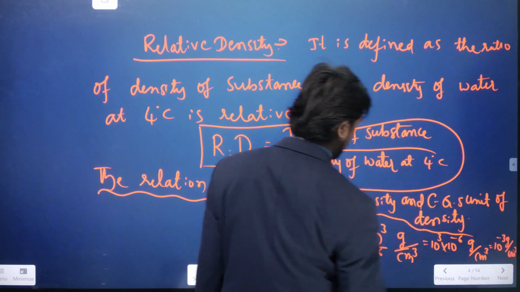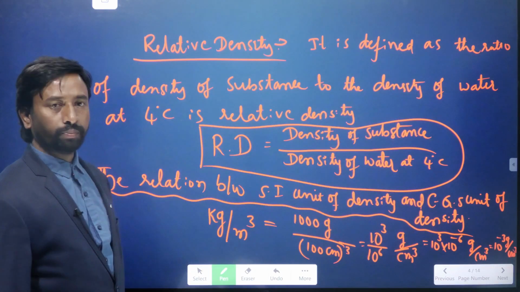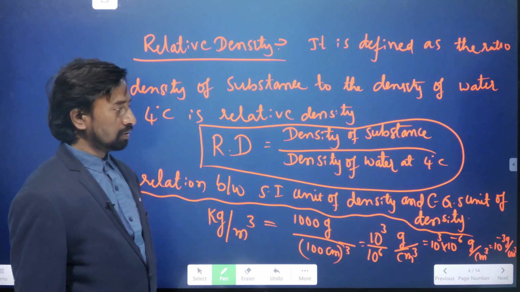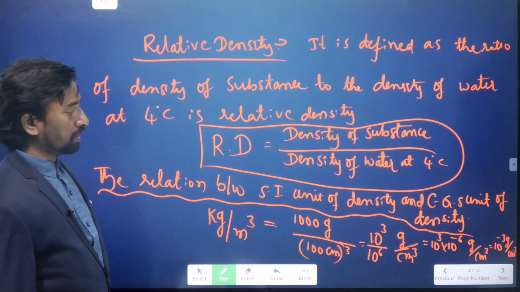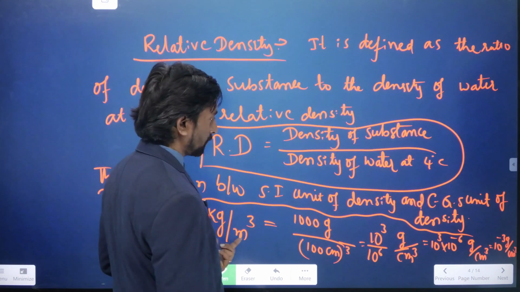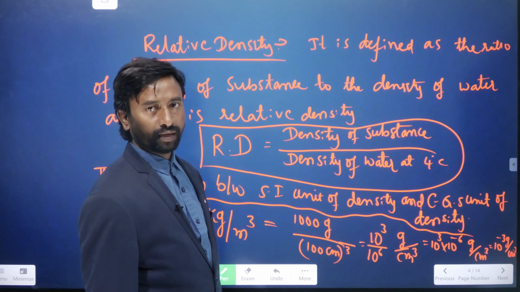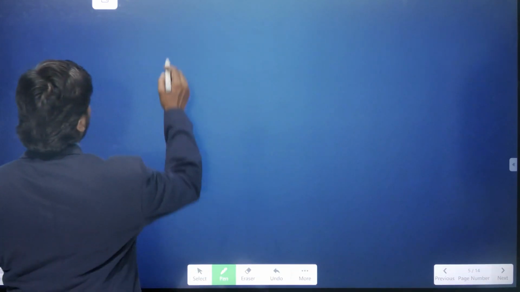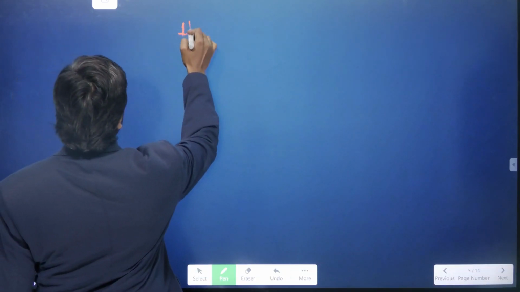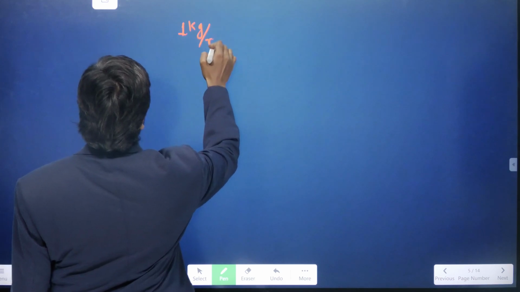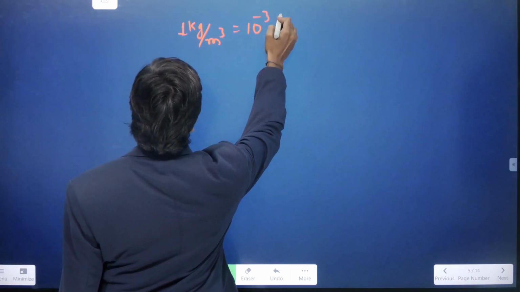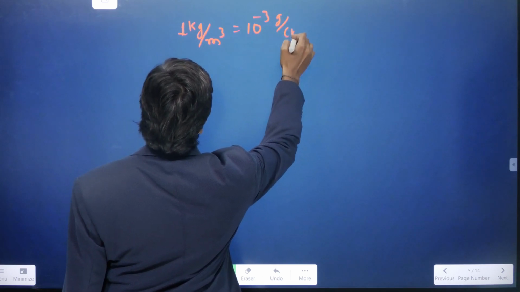So the relation between the SI unit and the CGS unit of density is: 1 kg per meter cube equals 10 to the power of minus 3 gram per centimeter cube.